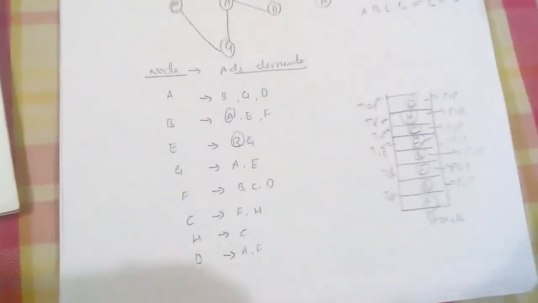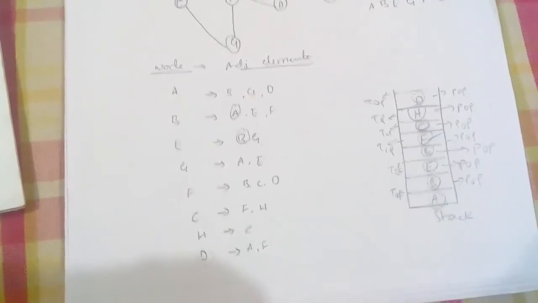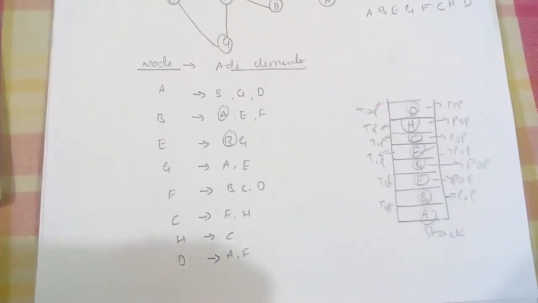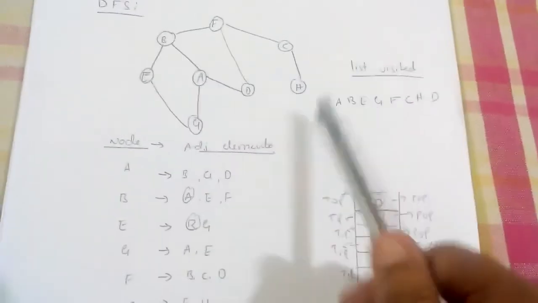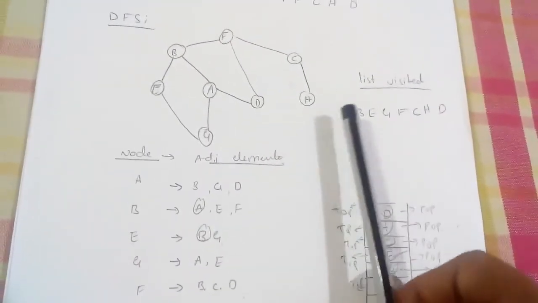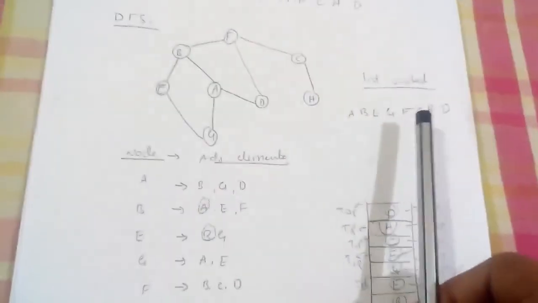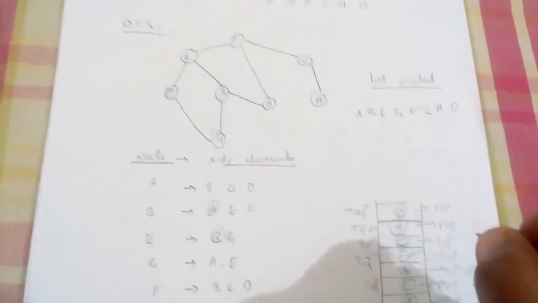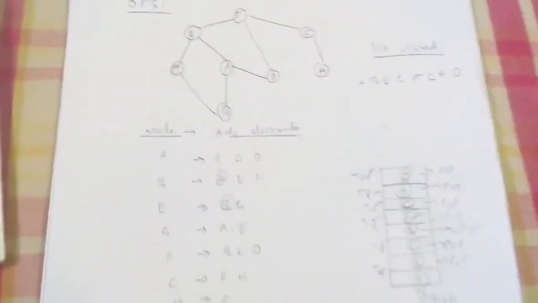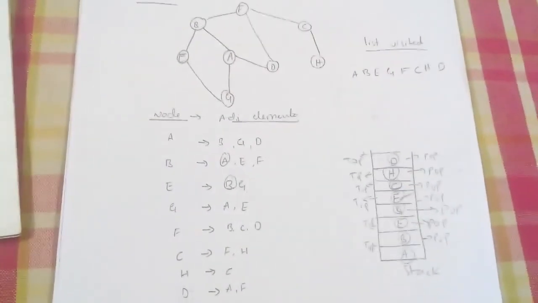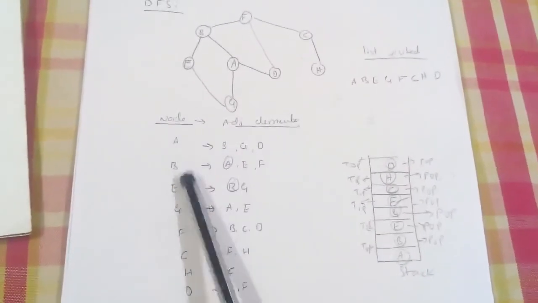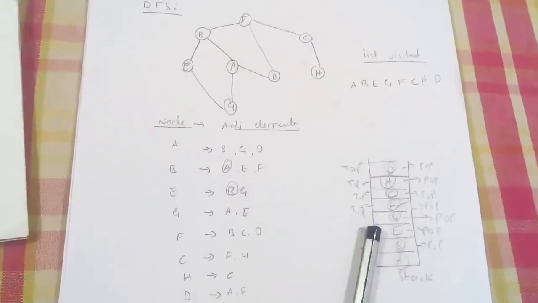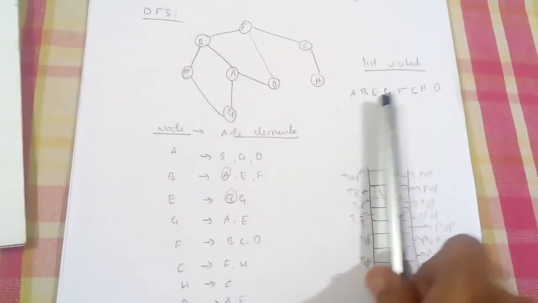So the algorithm terminates as all nodes are visited. Finally, this is the visited list: A, B, E, G, F, C, H, D. First write the nodes with adjacency nodes, then the stack representation and the visited list.